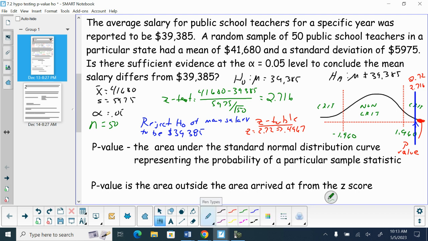To calculate this outside area, we take 0.5 minus 0.4967, which is 0.0033. So there's a lot of manipulation that goes along with this.